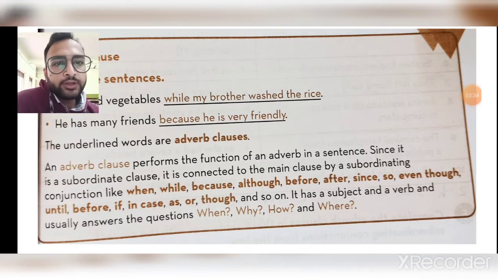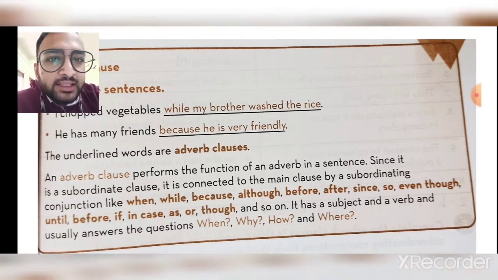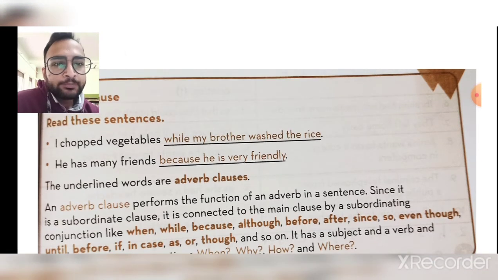Since it is a subordinate clause, it is connected to the main clause by a subordinating conjunction like when, while, because, although, before, after, since, so, even, until, if, in case, as, though, and so on. You can see the same thing in the earlier sentence.